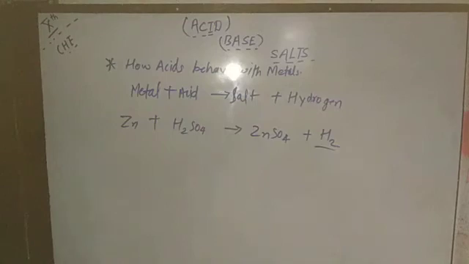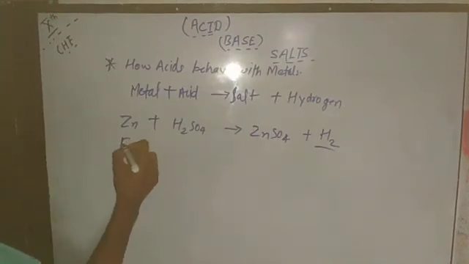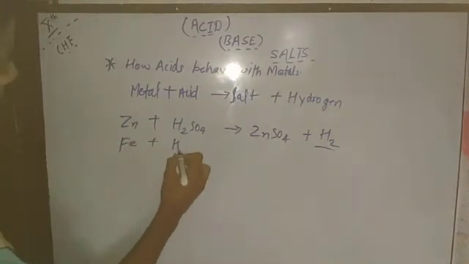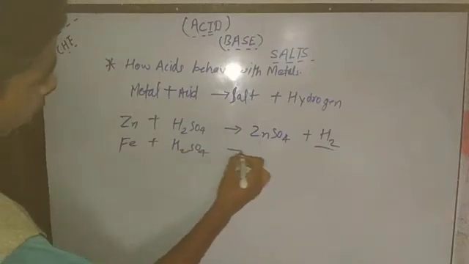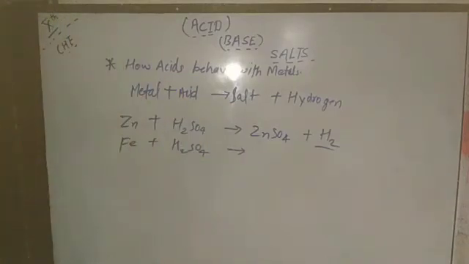Now let me react it with some more metals. Suppose that we are going to react sulfuric acid with iron, Fe plus H2SO4. How will it react? Let's see. First of all, we need to know the electronic configuration of zinc. Zinc means Zn.